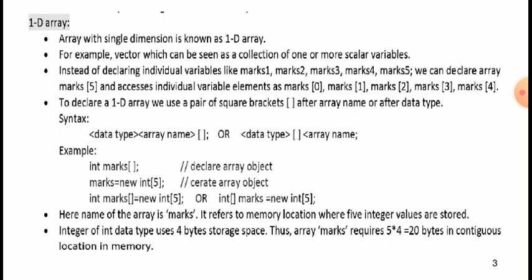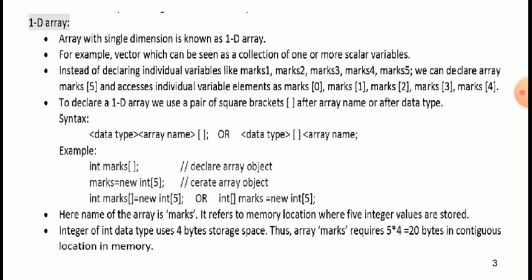So indexing starts with 0. The total values are 1, 2, 3, 4 and 5, so indexing starts with 0 and the last number is 4, that means 0 to 4, that means 5 values.